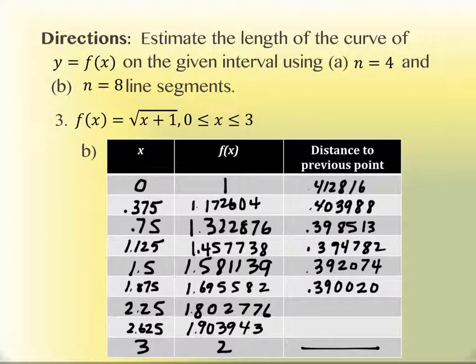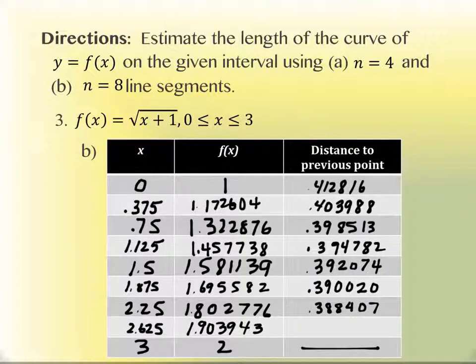I need the 1.69 to change to 1.903943. 0.388407. Last one, we're going to change the 1.9 number to 2. And I'm just taking out my zeros. You can turn them all into zeros if you'd like.